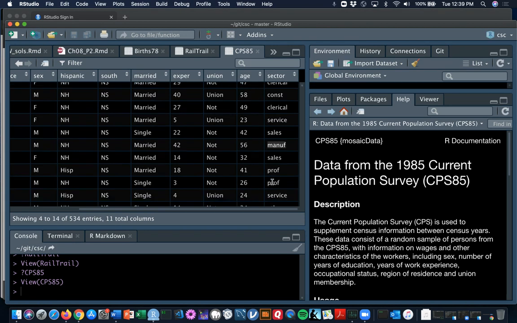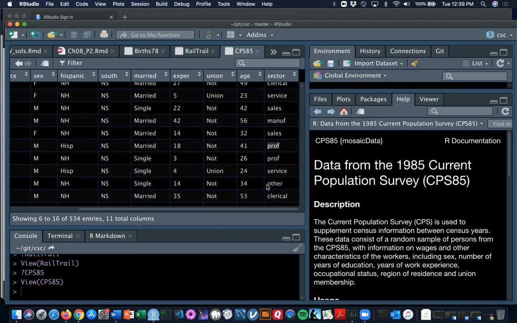Manufacturing is manuf. Prof is not professor, it's professional of any sort, so like doctor, lawyer, professor, and others. And there's also an other category for all the other parts of the economy. So 8 values for the sector variable.